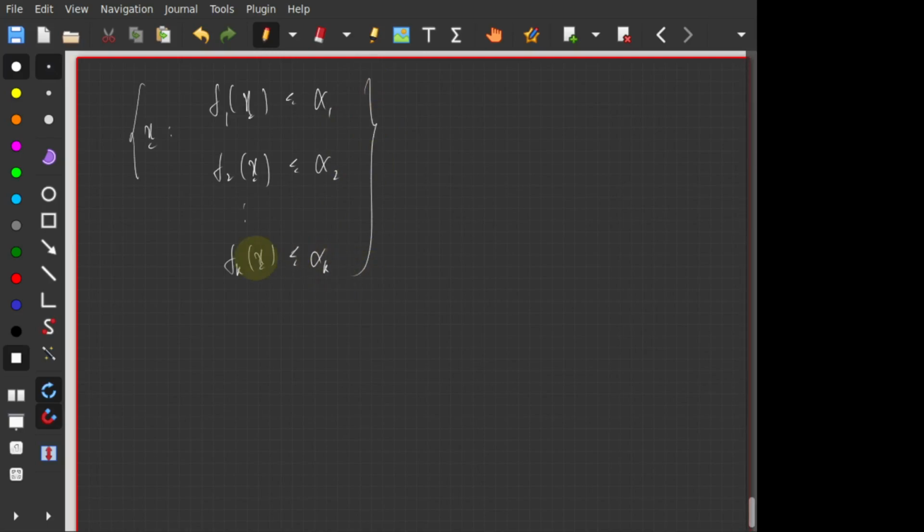If all of these fi's are convex, then what can you say about this overall set? Yeah, it's going to be convex, right? Because the set of all x such that f1 of x is less than or equal to alpha 1 corresponds to the alpha 1 level set of f1, and the second constraint corresponds to the alpha 2 level set of f2, and so on.